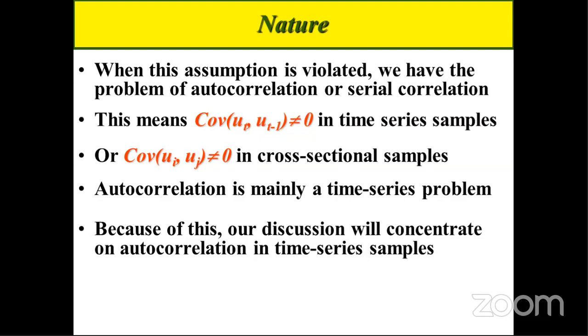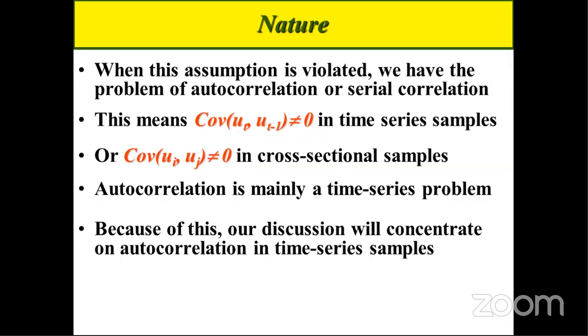So why do we need these points? Because if you have a time series type of data, you should diagnose whether there is a problem of autocorrelation or not. If you are using cross-sectional data, you should certainly test whether there is a problem of heteroscedasticity or not.